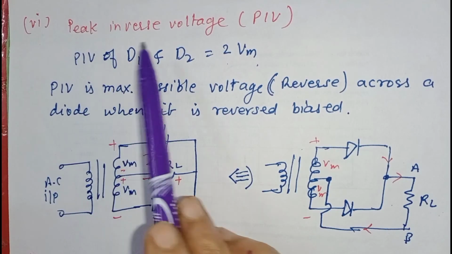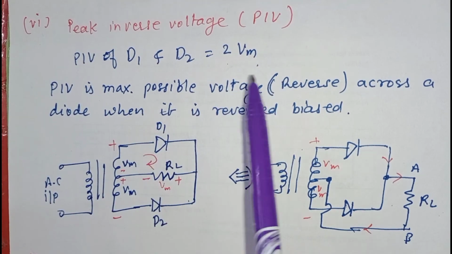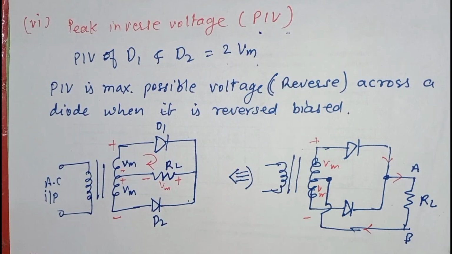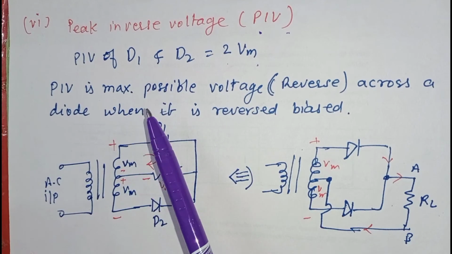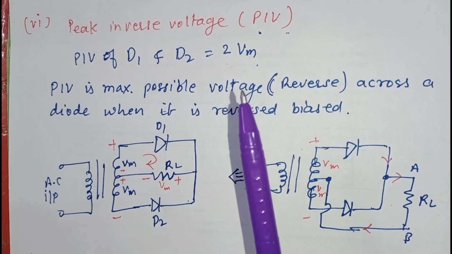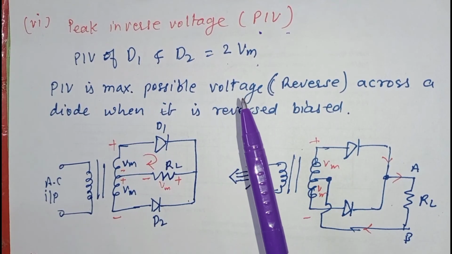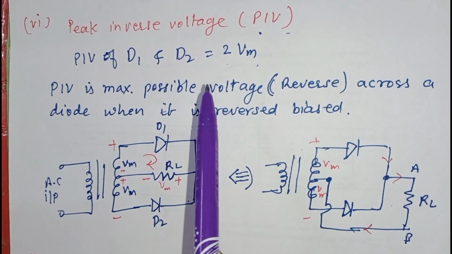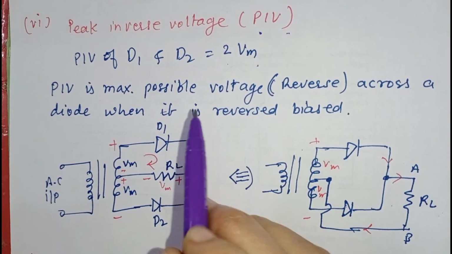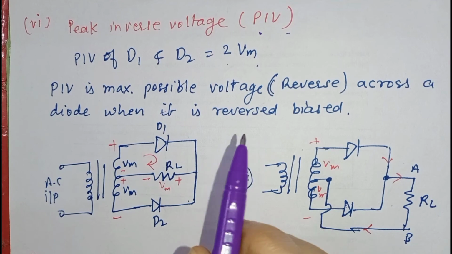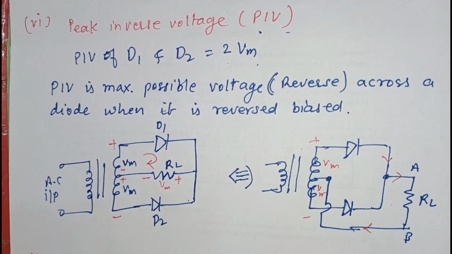Now we will find peak inverse voltage across the diode D1 and D2. First we should know peak inverse voltage. Peak inverse voltage is the maximum possible reverse voltage that we can apply across a reverse biased diode. It should be below the maximum rating, otherwise the diode will get damaged.